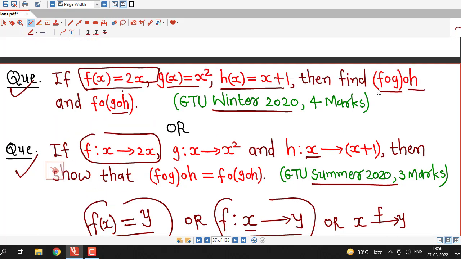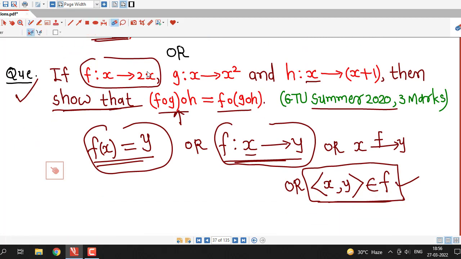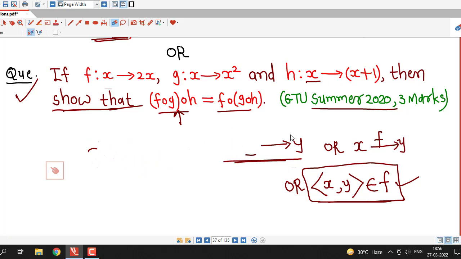Here they have asked to find out these two compositions, and here they say to prove that these two compositions are equal, and we can simply use the definition of composition to find the different compositions here.